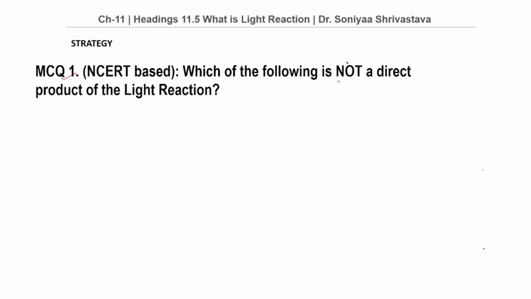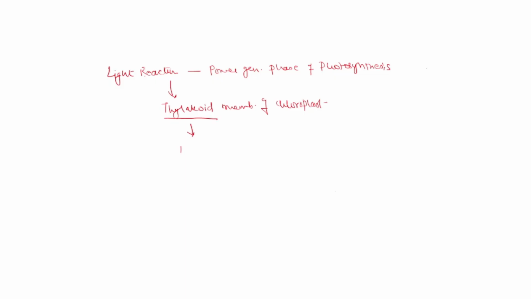Which of the following is not a direct product of light reaction? Students, before coming to the options, let's see our concept. What is light reaction? Light reaction is the power generating phase of photosynthesis. It takes place inside thylakoid membranes of chloroplast, as we have discussed in the previous video, to produce what?